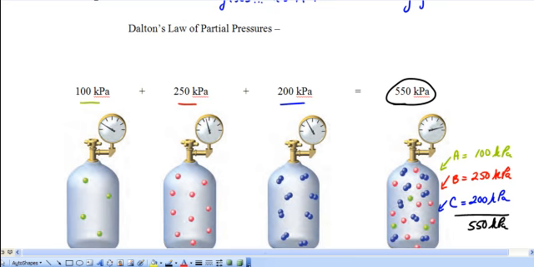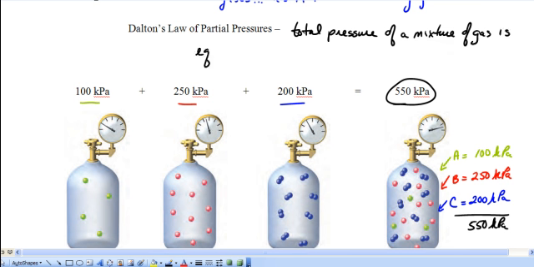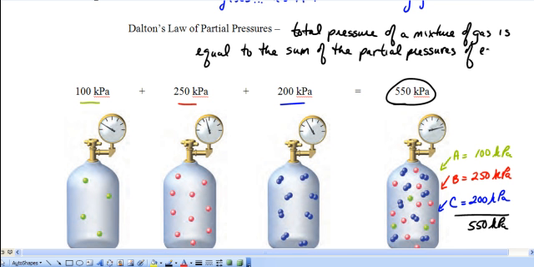Dalton's law of partial pressure simply says that the total pressure of a mixture of gases is equal to the sum of the partial pressures of each component.